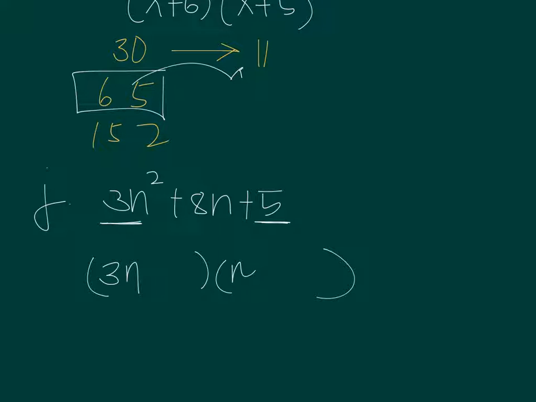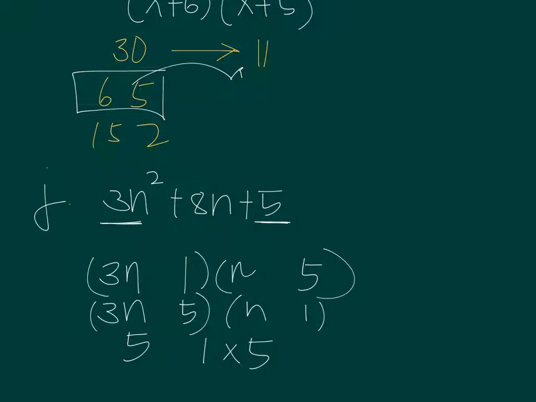So we could think of that as 3n times n. And then we select factors of 5. Now 5 has only one combination. It's 1 times 5. So all you have to do is to place the numbers properly. Like, is the 1 supposed to be here and 5 supposed to be here, or the other way around?